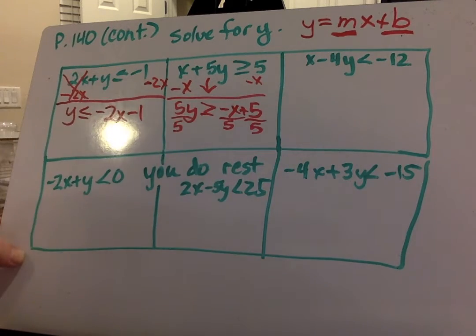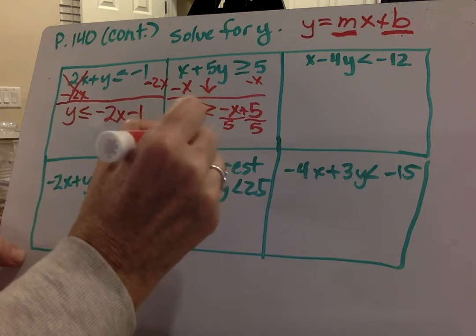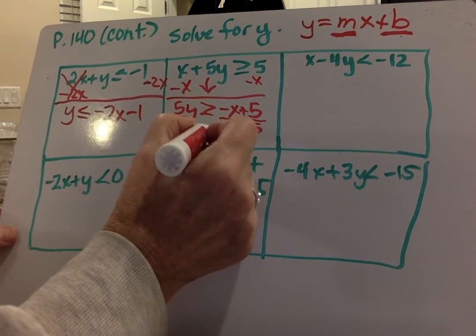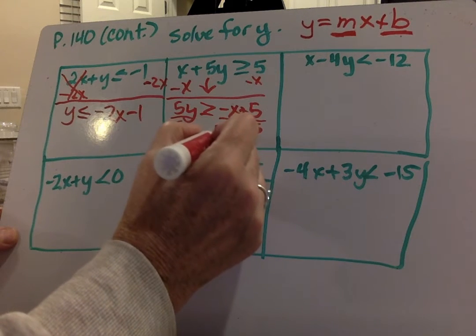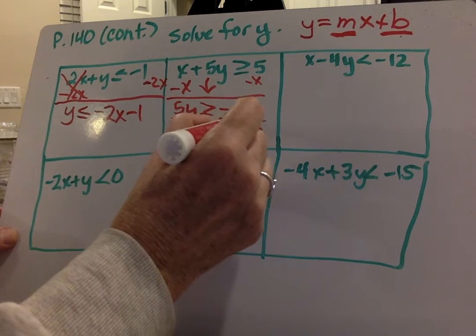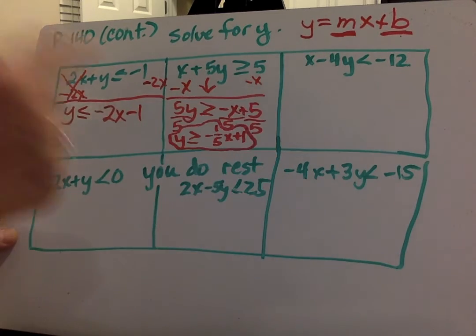Everything's divided by 5. So we end up with y is greater than or equal to, now when nothing's in front of x, it's a 1. So it's -1 over 5x plus 1. And that's cramped in there, but that's what that looks like. We've solved for y.